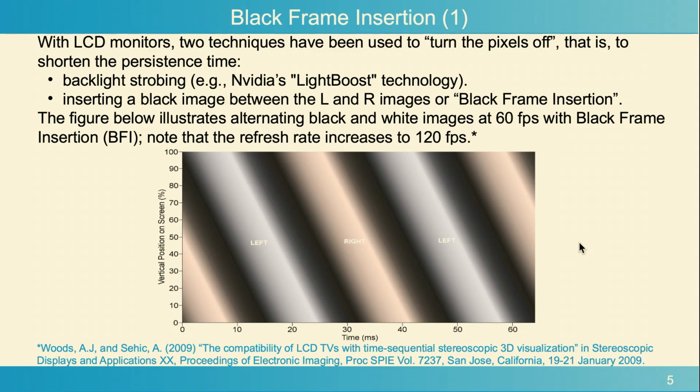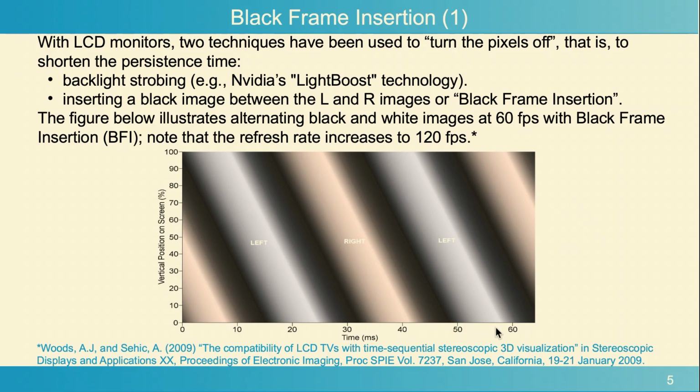Andrew and his colleague did another example where they did try to illustrate and test black frame insertion. So if you can boost your refresh rate and insert a black frame, that's a way of turning off the pixels and getting a cleaner switching between the left and the right image.